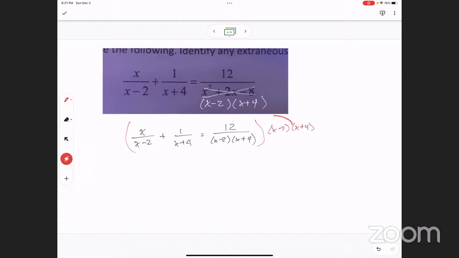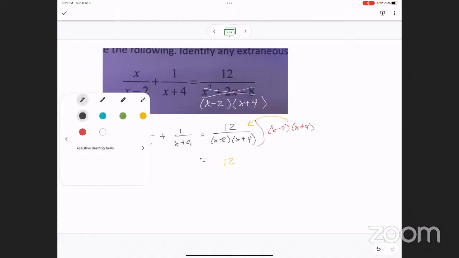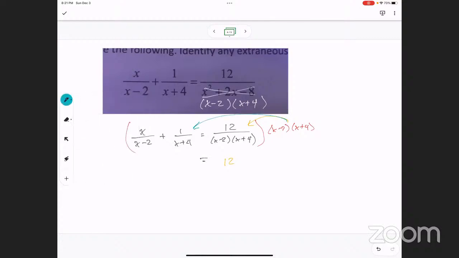When I multiply it here, what's going to cancel out? Everything, basically. So I'm just going to be left with the 12. And when I multiply it here, the x plus 4 cancels out, and you're left with an x minus 2 on the top.